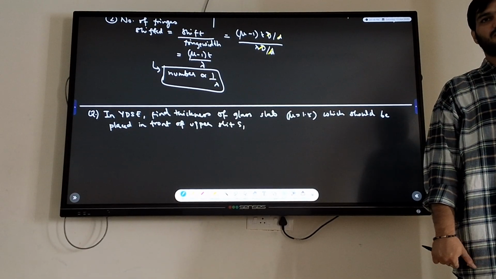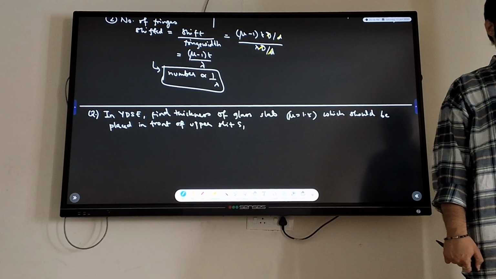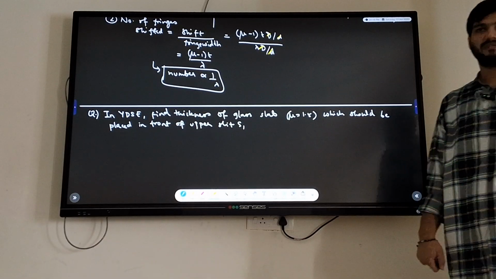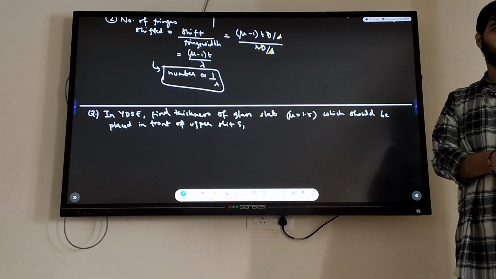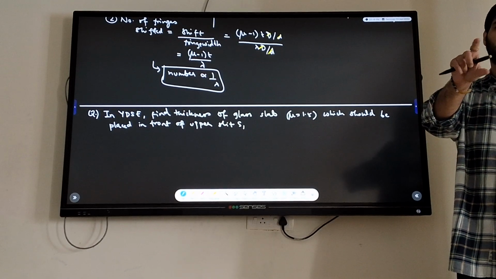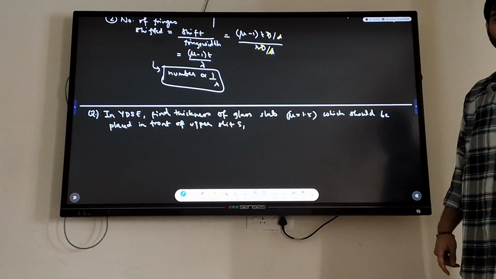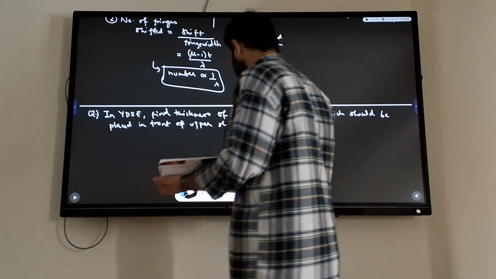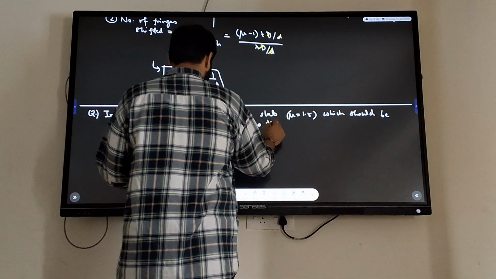So you have to work around these possibilities and play with it. Okay? It's much better if you play with it and try to get your answer at home than to get surprised in the exam. There may be questions where I will put 2 slabs of different refractive indices, and then you have to work around it. So it's much better if you do it, and if you get some answers, then tell me.